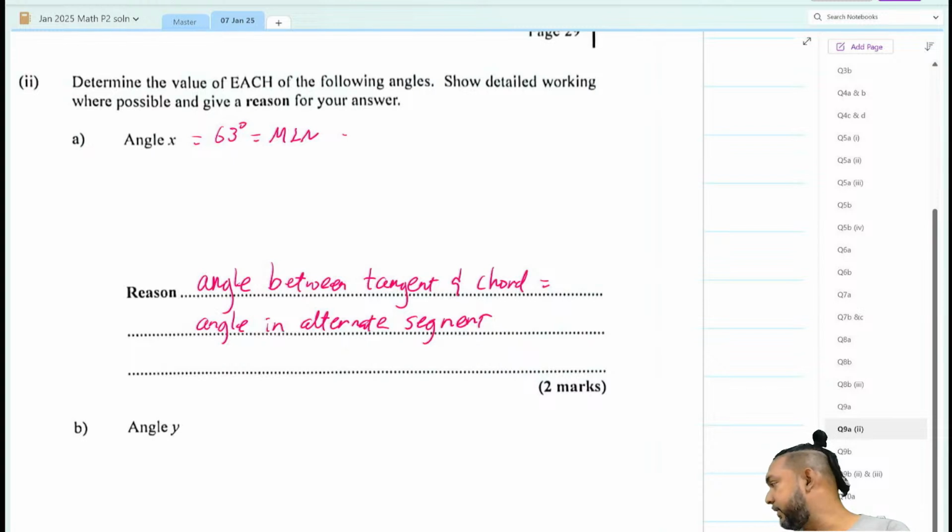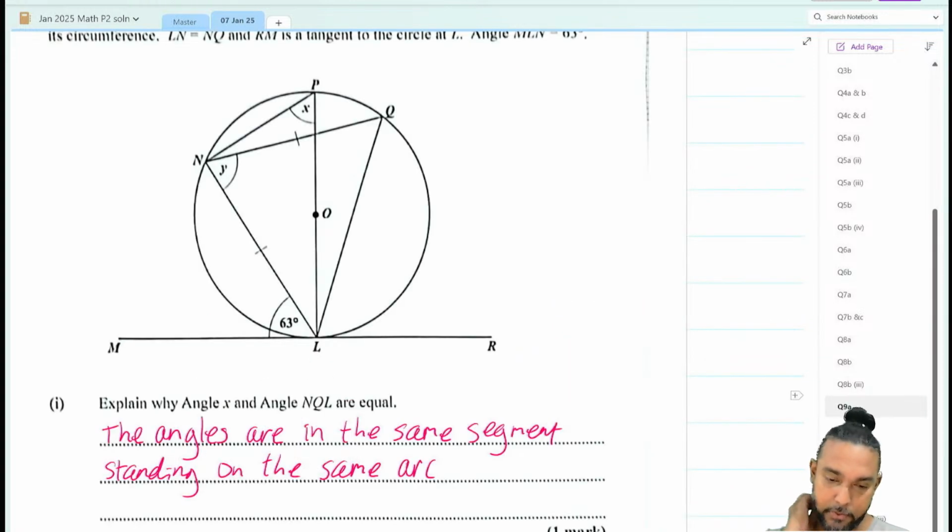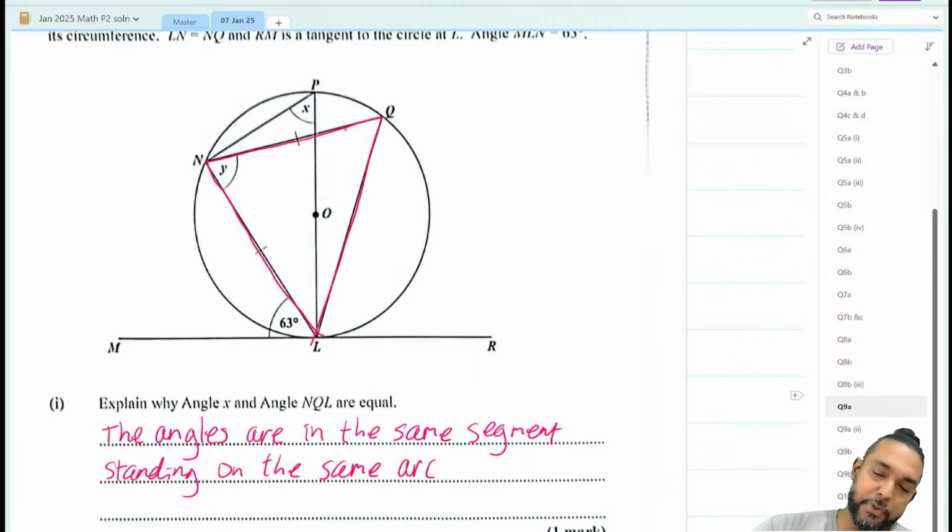Sorry, my bad. Right, angle Y. So we go back here. We're going to focus on the fact that this is an isosceles triangle. We know that this angle here is 63, and this angle here is also 63.